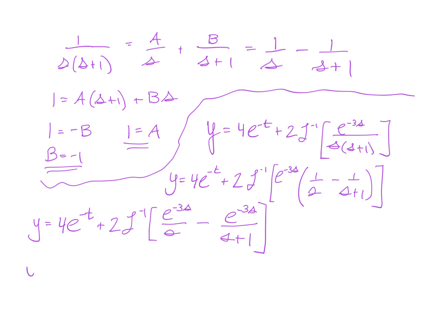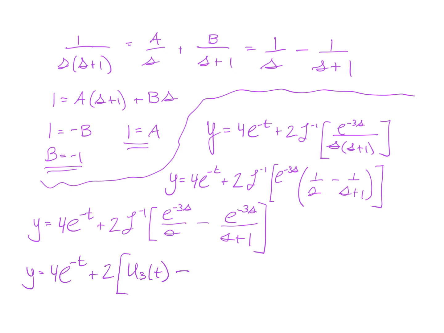So this is going to be y equals 4e to the negative t plus 2 times, okay, the inverse Laplace of e to the negative 3s over s. That's the Heaviside function. That's u3 of t. Minus e to the negative 3s over s plus 1. That's the one that's kind of like the Heaviside function. The Heaviside function is part of it.